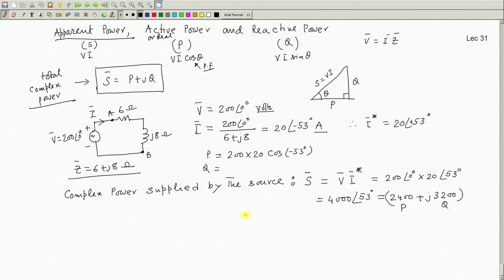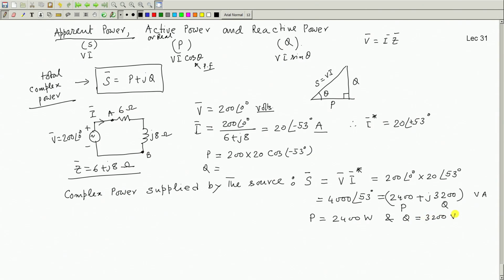So, I will say that the source is supplying 2400 plus j 3200 as S, and the unit you write here is volt ampere. For P you say this is 2400 watt, and Q, the reactive power, is 3200.